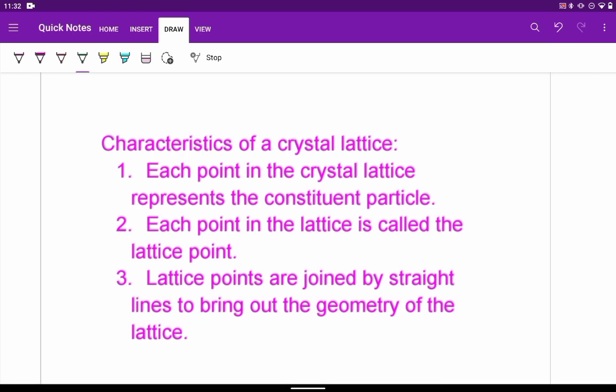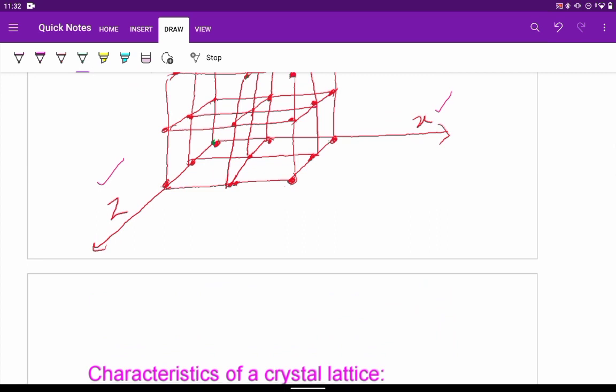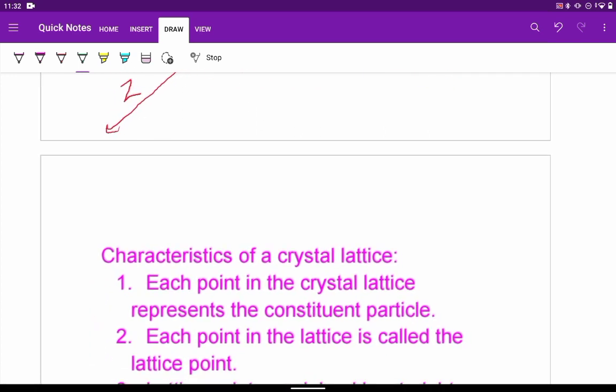Now if you see the characteristics of a crystal lattice, each point in the crystal lattice represents a constituent particle. In this diagram I have represented them with dots, darkened with red dots at the ends. Every point in the crystal lattice represents a constituent particle, and each such point is called a lattice point.